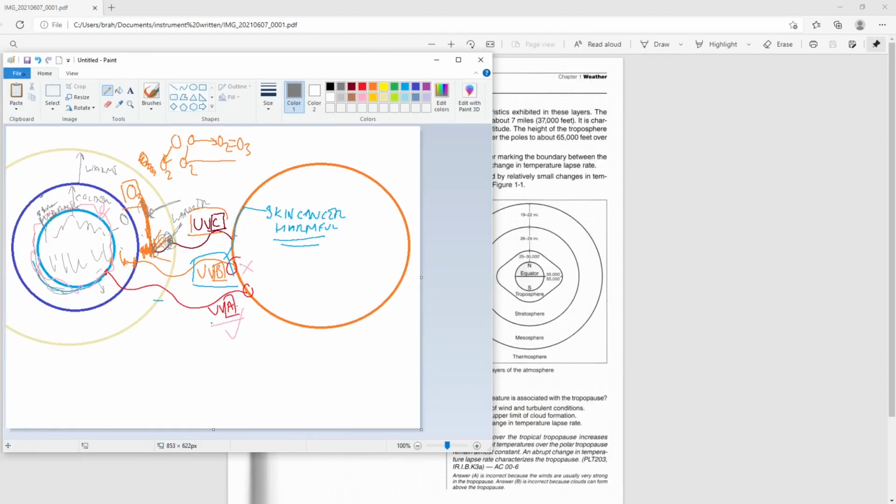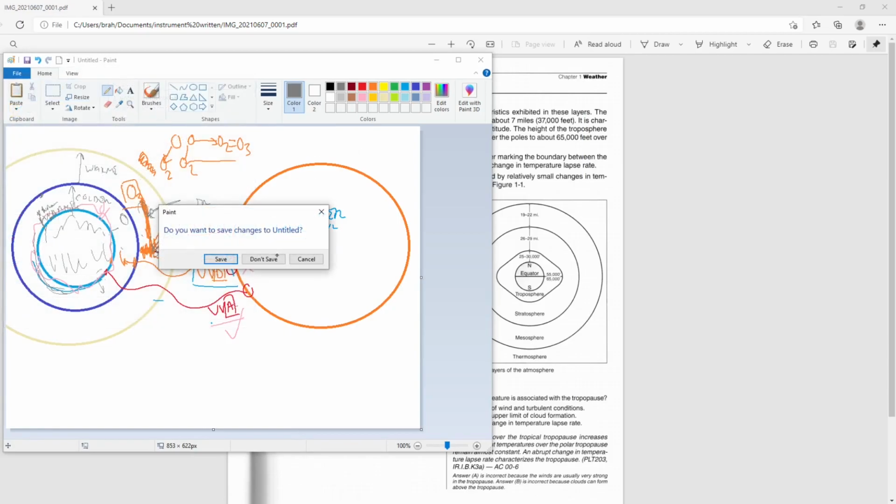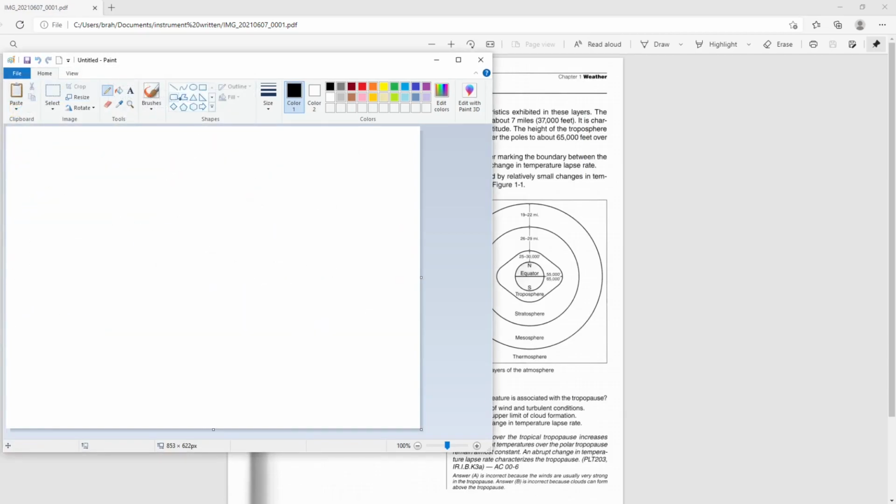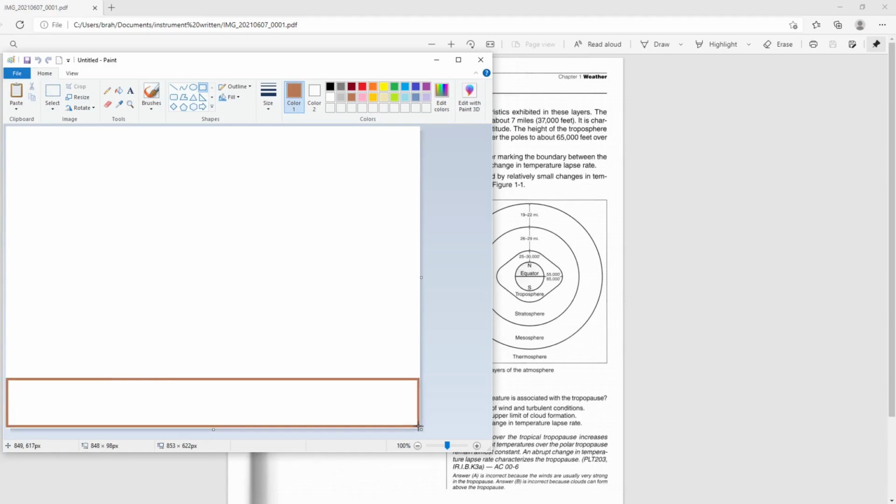Now we can look at it from another angle here, and that'll paint a better picture. So let's draw the Earth's ground here. All right, this is the planet. We can draw a troposphere here and a stratosphere.